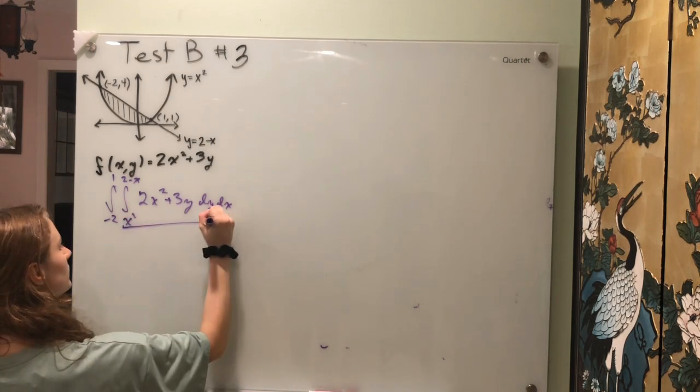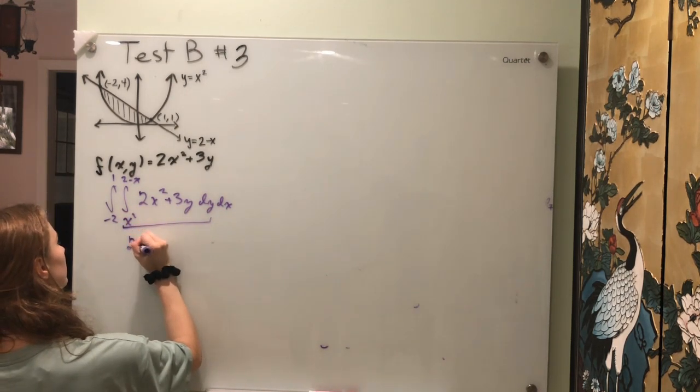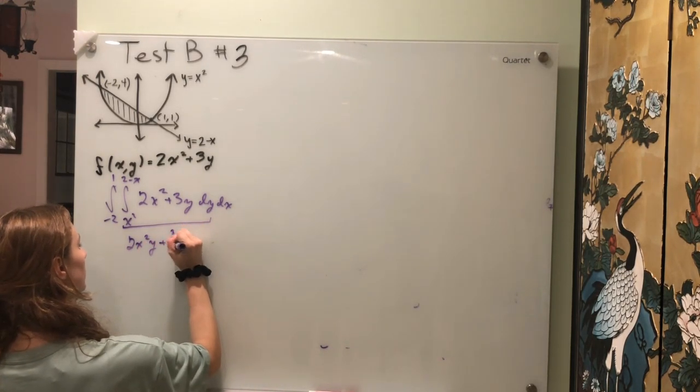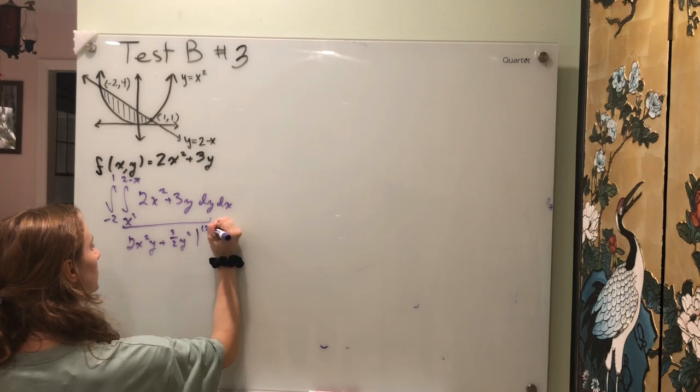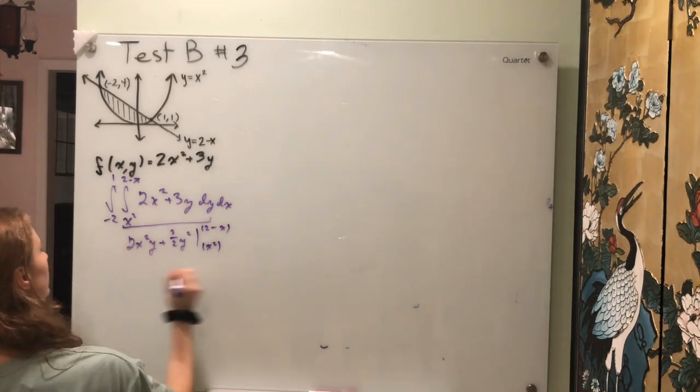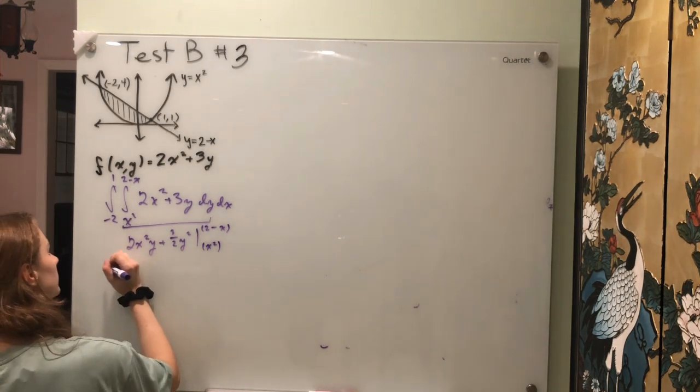So when we start solving this, we start to get something that looks like this. We solve this integral right here, we get something like this. So when we start to evaluate it, we'll end up with something similar to this.